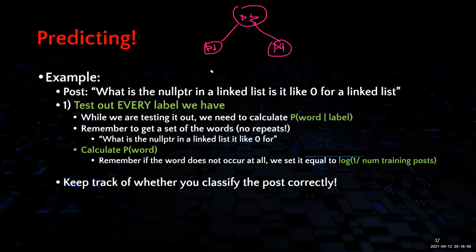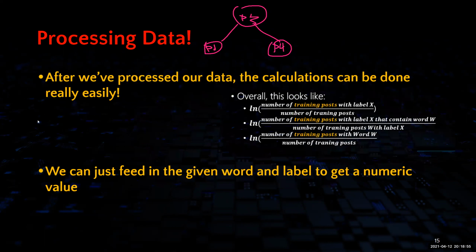I'm still kind of confused as to how you get the probabilities for the word when you are given the content for that post. Yeah, sure. So let's go back to the calculations real quick. So right here, we're asking number of training posts. By the way, there are other calculations besides this one you do in the predicting set.